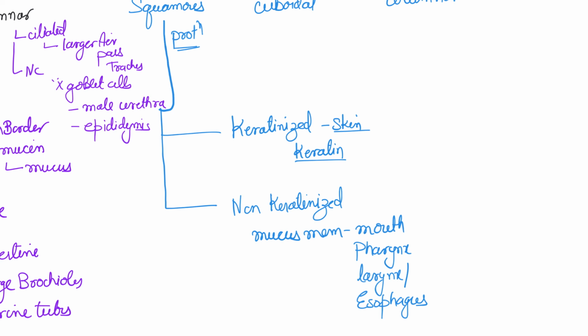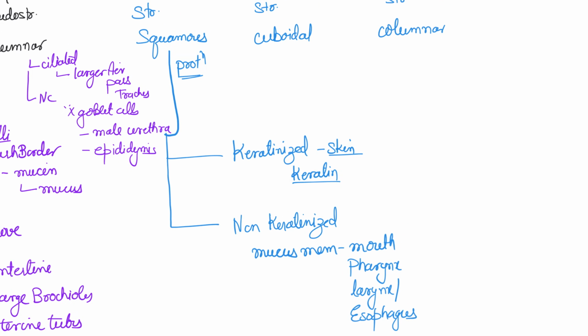Now, stratified cuboidal epithelium. Once again, the basic funda is clear. It has more than one layer, two or more, obviously, and it's cuboidal in look. What will it do? It has a similar function. It will do the job of protection and some secretion. That's the generic function, right?